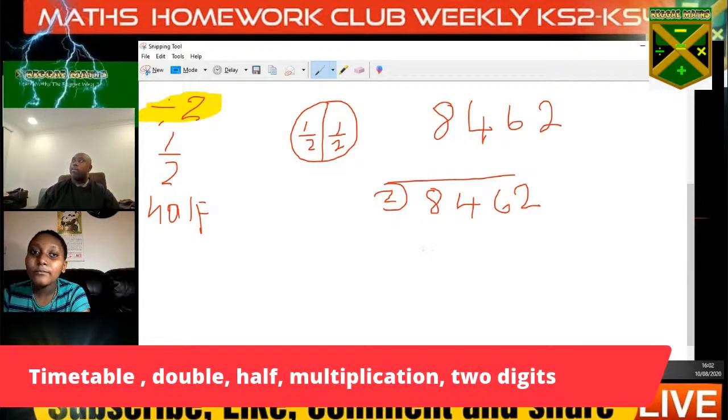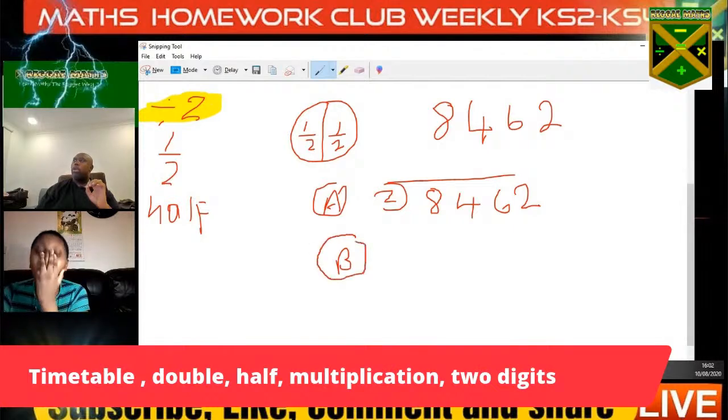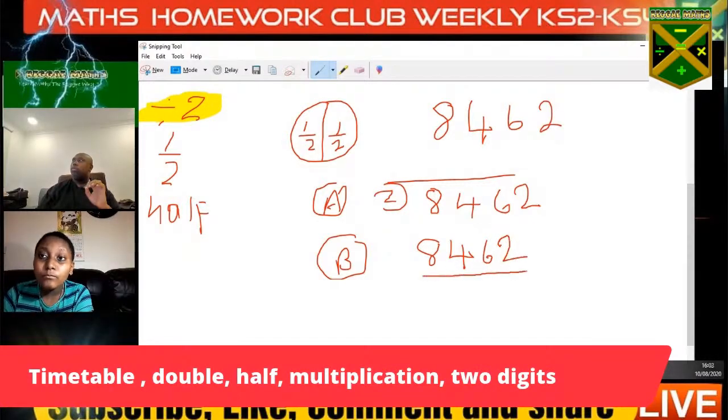So that's one example. If we call that A, I'm going to call this B. This can also be written as 8,462 over 2, divided by 2.